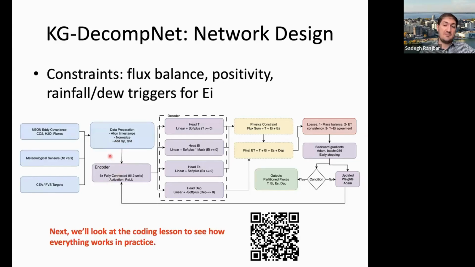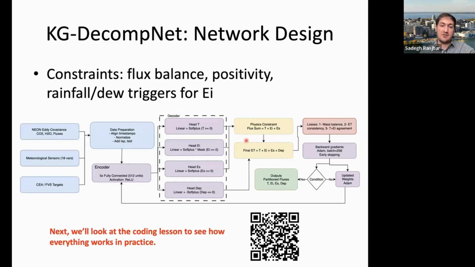And then we use an encoder, and after that a decoder to estimate each of the components that we needed. For example, here we have 4 components, which are transpiration, intercepted evaporation, surface evaporation, and deposition. And then we use physical constraints, which we had 3 of.